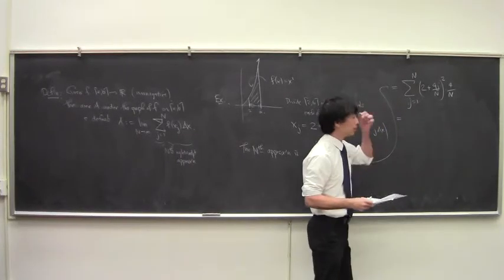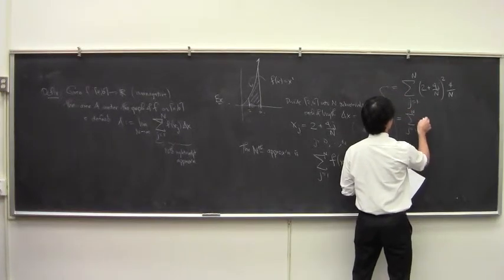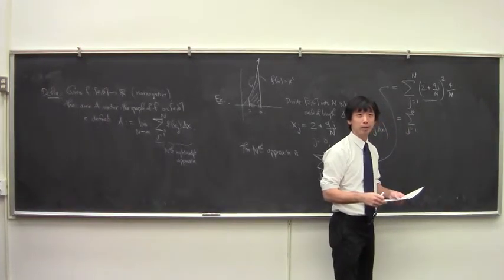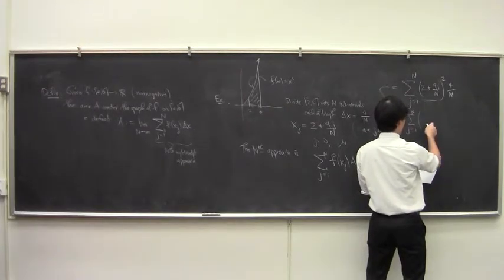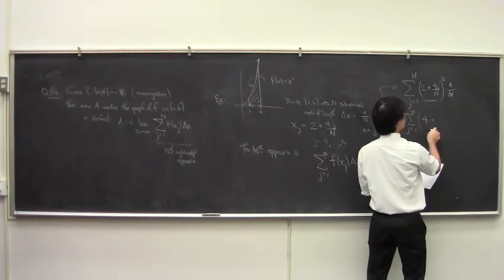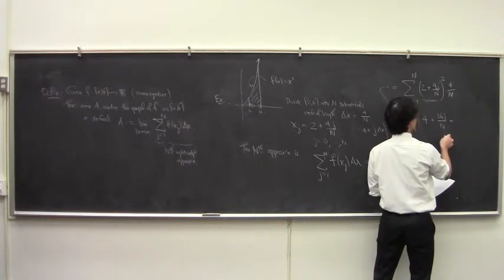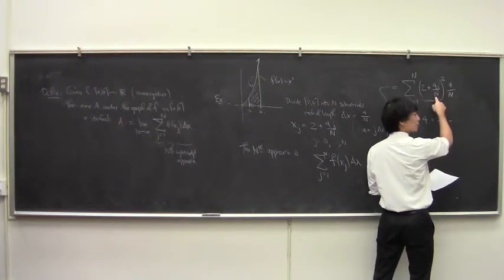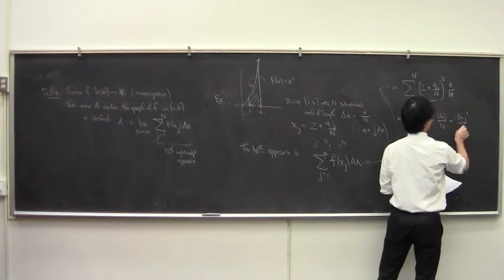So then we can start to calculate that. That's the summation of j equals 1 to n of this thing squared times 4 over n. So let's square it. What do you get? 4 plus 16j over n plus 16j squared over n squared.